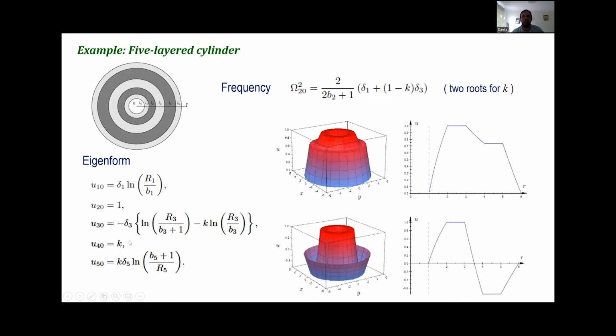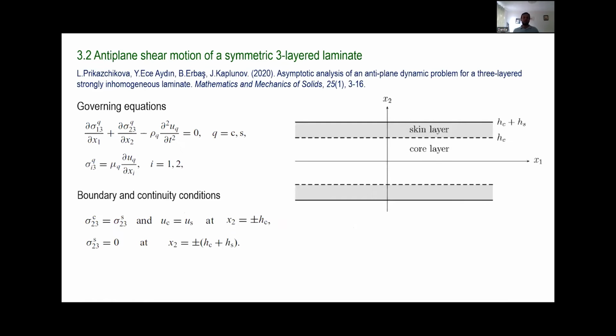In fact, k may be either positive or negative, which gives you two possibilities here and the two eigenforms. Again, the stiff components perform rigid body motion. This is why we have constants here. Okay, so I guess that is probably sufficient to illustrate this approach.